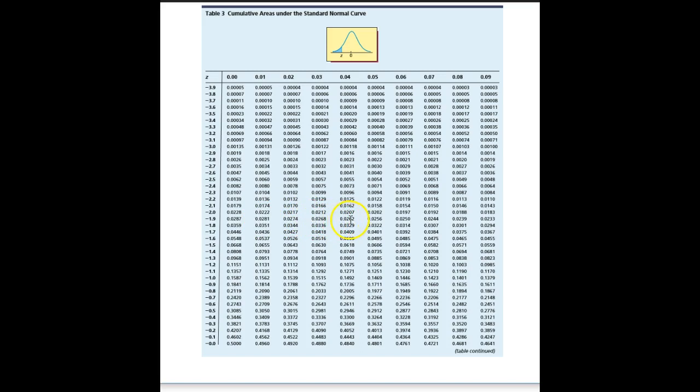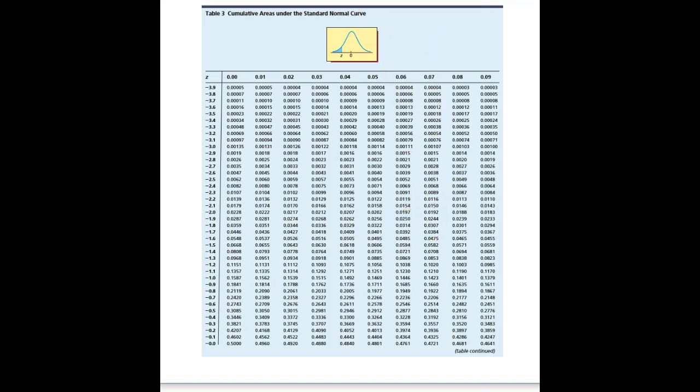Hopefully you guys can see my cursor. And we walk all the way down here and we are at 0.025 or something very close to it. This is in fact 0.025, but you'll see when we're doing other z alpha halves that we won't get exactly that, and we'll have to estimate a little bit. All right, so we found it here. So 0.025, and this corresponds to what z-value? We look over here, negative 1.96. So 1.96 is what we can use.